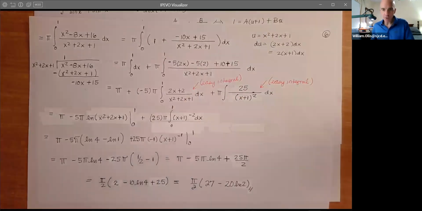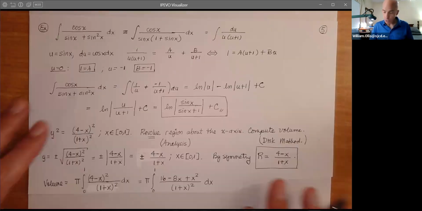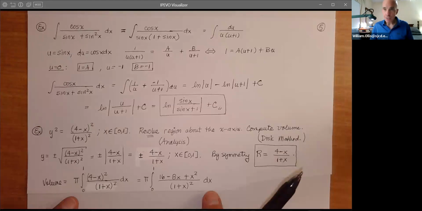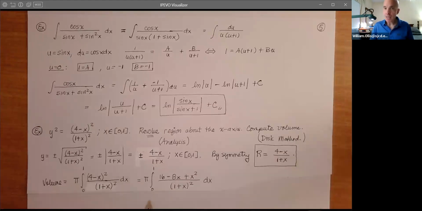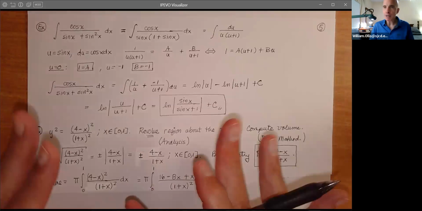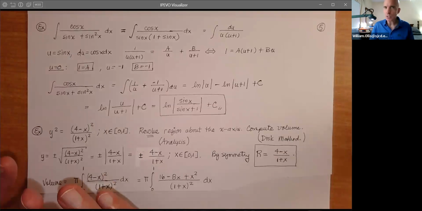But what I wanted to focus on here is that the setup has to do with utilizing the symmetry and using the disk method. So that should give you a way to actually work out this problem without too much difficulty. Again, a very nice problem. And I included it. I'm not really sure why I did, but it seems to be a really nice problem and something that you can do.